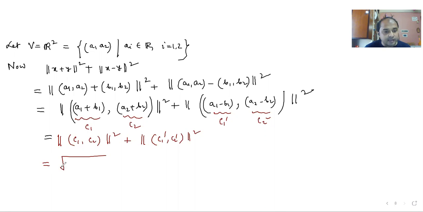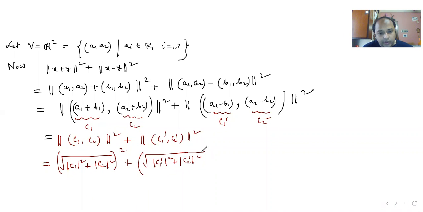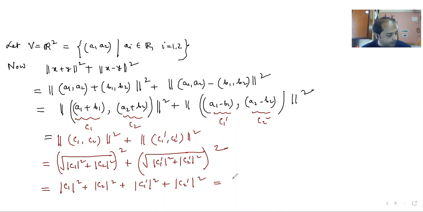Just like previously, I have told you that this is nothing but under the square root sign this, and this is nothing but under the square root sign that, and it is whole squared, and we can get it as mod c1 squared plus mod c2 squared plus mod of c1 prime squared plus mod of c2 prime squared, and now resubstitute the values.